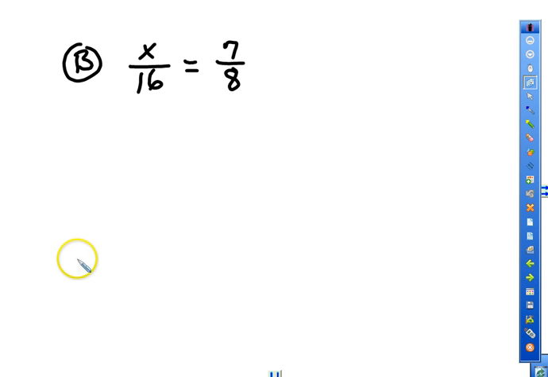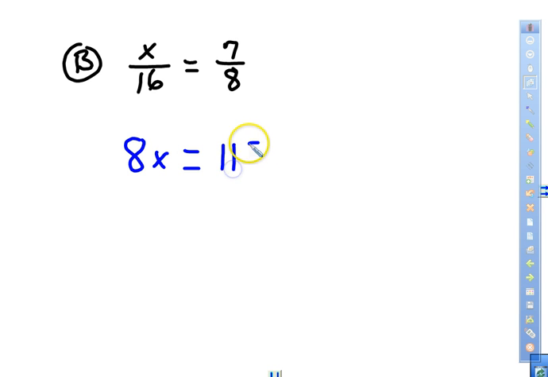Now what I want you to do is go ahead and hit pause and solve this algebraically. So 8 times x is 8x equals 16 times 7, which equals 112.